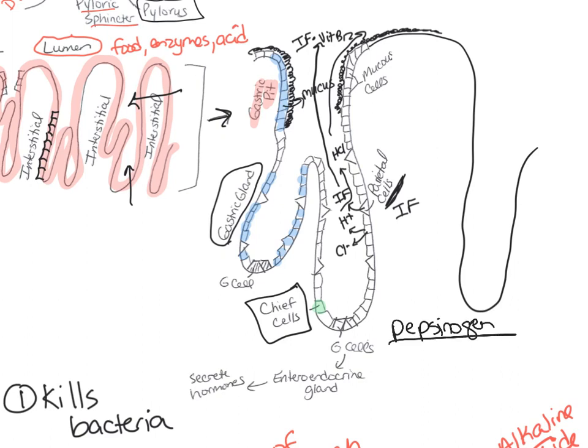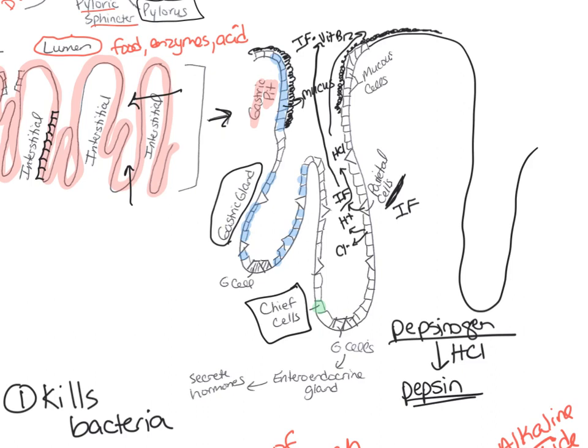Pepsinogen is an inactive enzyme. It can't work until it's activated, and when it becomes activated, it becomes pepsin. So pepsin is the activated form of pepsinogen. It requires hydrochloric acid in order to activate it.